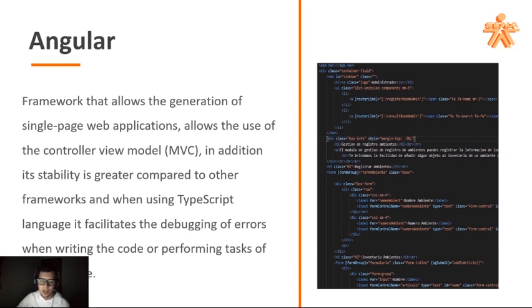Angular also allows the use of the model view controller, MVC. In addition, its stability is greater compared to other frameworks, and using the TypeScript language facilitates the debugging of errors when writing the code or performing maintenance tasks.